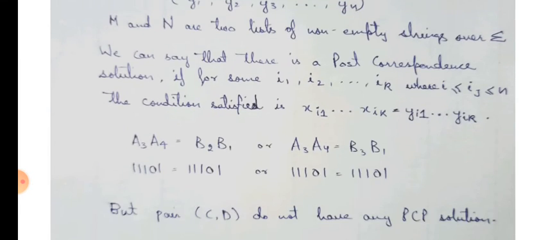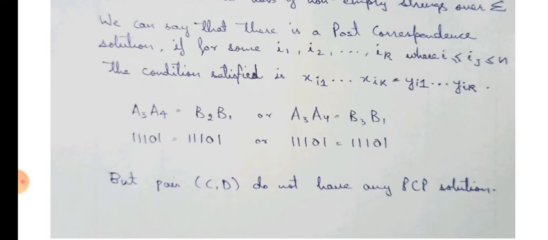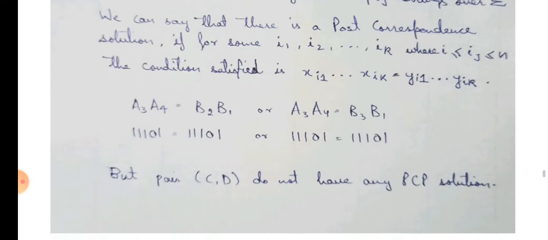Similarly, b2 is 11 and b1 is 101. So we can see that 11101 is equal to 11101. So 11101 is equal to 11101. But pairs C and D do not have any PCP solution because they do not satisfy the condition of the post correspondence solution.